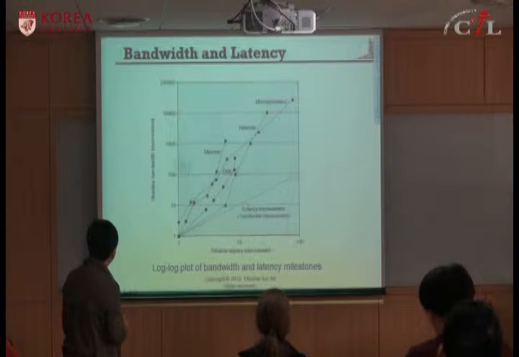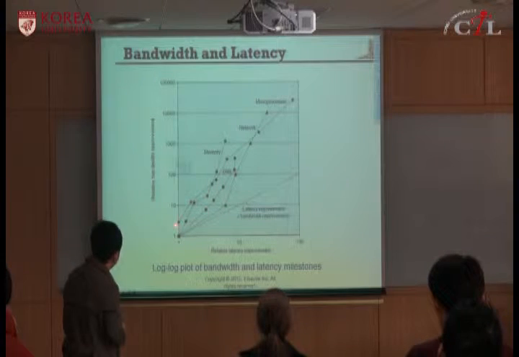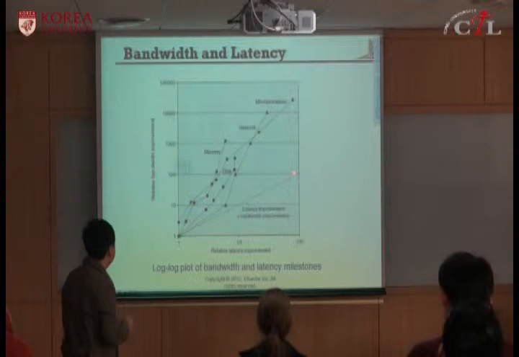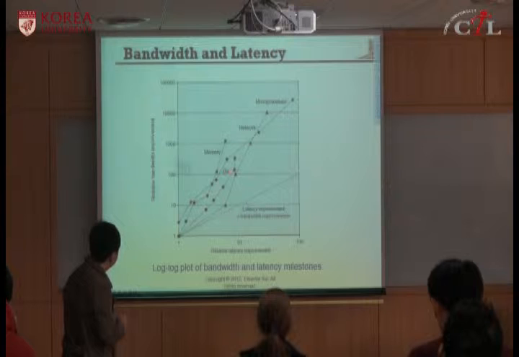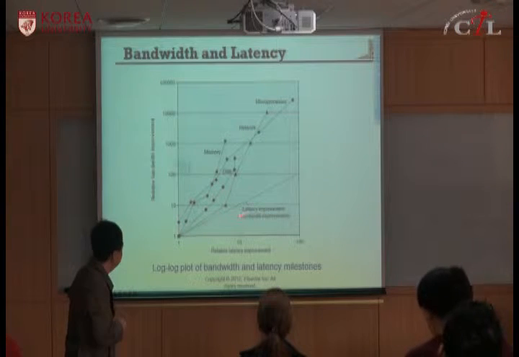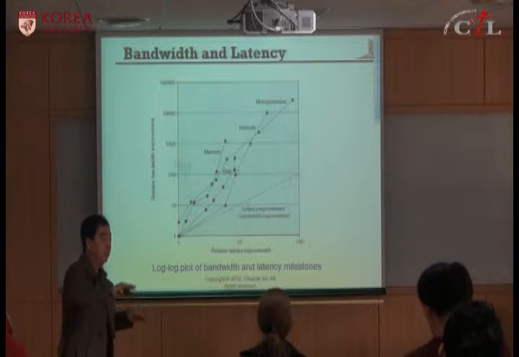So this shows relative trend between latency and bandwidth. If the latency and bandwidth improvement is the same, they will follow this line. But if you look at these four different technologies, processor, network, memory, and disk, they have all improved bandwidth more than latency because their curves are steeper than this line.